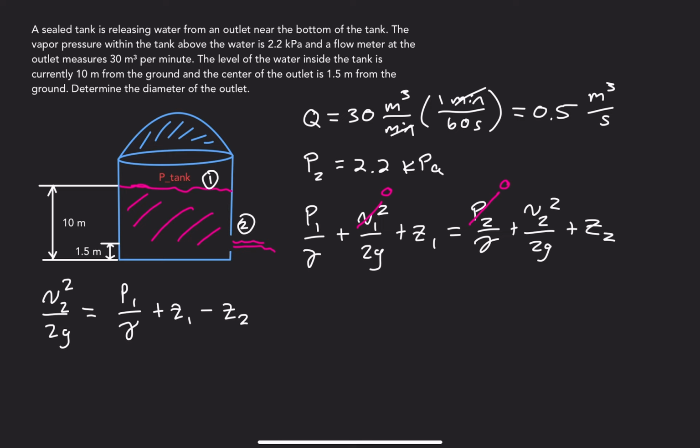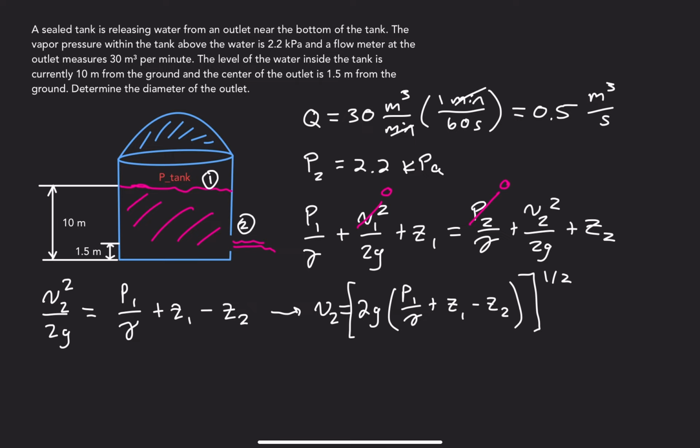Now I'm going to multiply both sides by 2g and then take the square root to get V2. Square root. And there should be an equal sign there.